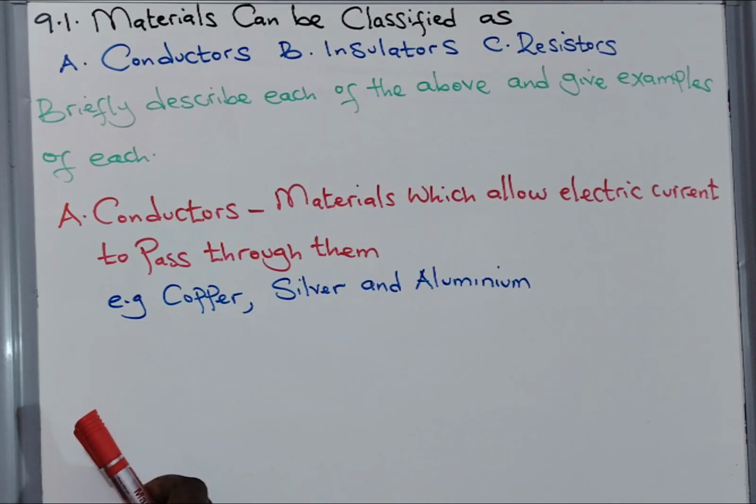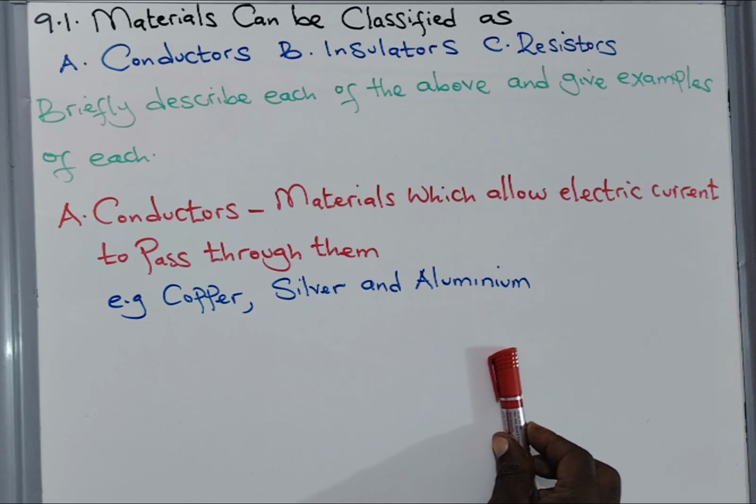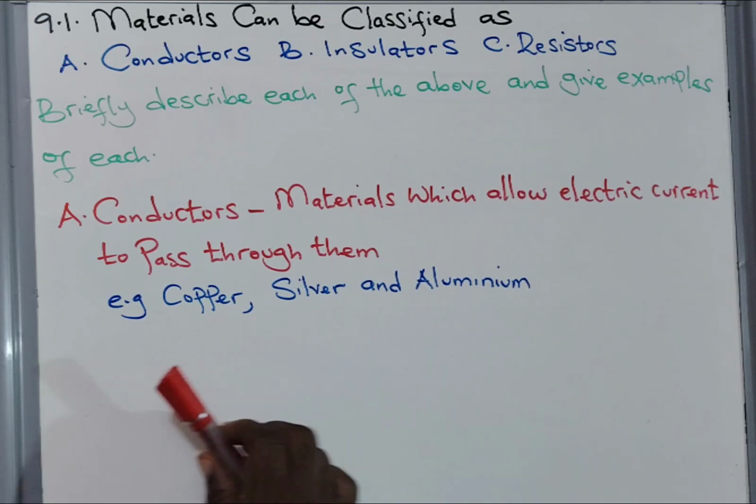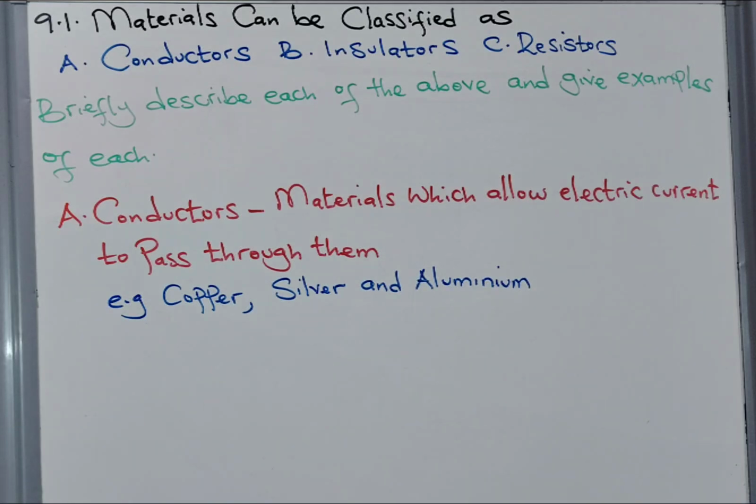What are insulators? Insulators are materials which do not allow electric current to pass through them. Examples are rubber, some plastics, dry wood, papers. All those are insulators.